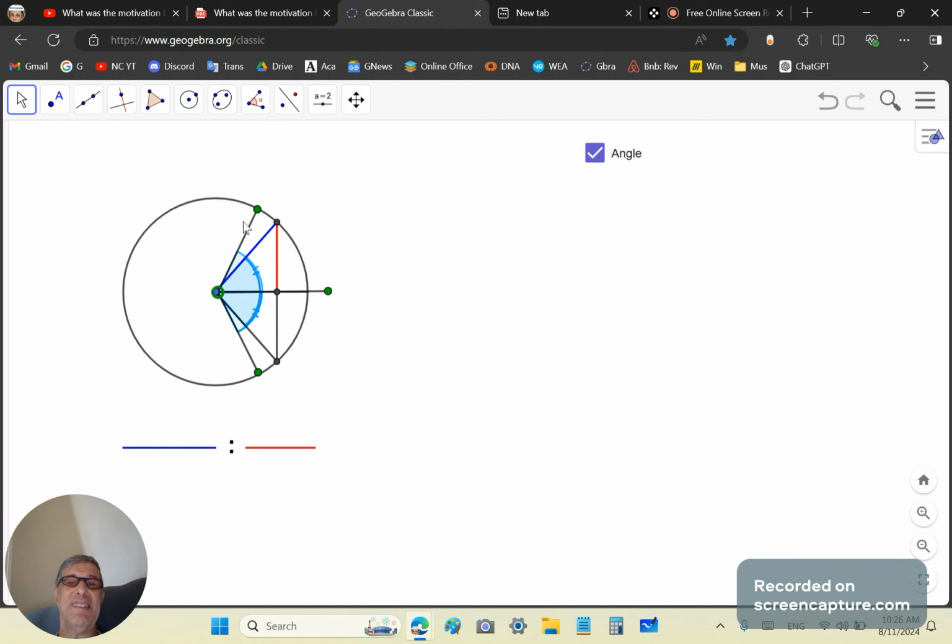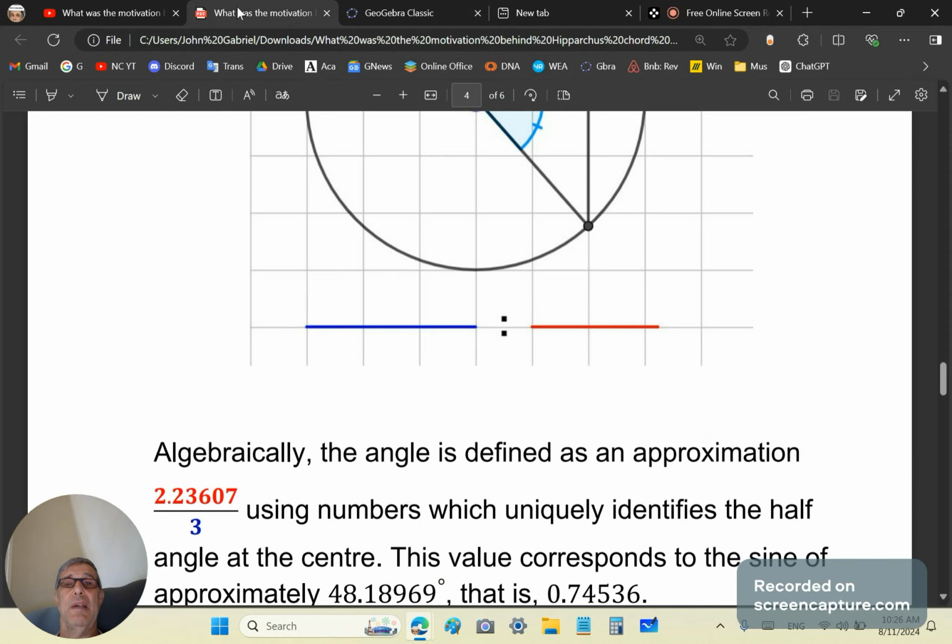It doesn't matter what angle you use. It doesn't matter if it's a straight line, or he could identify up to all angles from 0 to 180, and then the rest could be done through trigonometric identities, right? You see that? So if you wanted to get this one, well, there you go. Does that make sense?